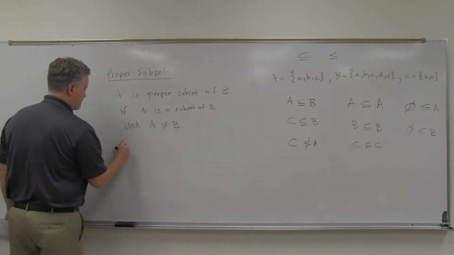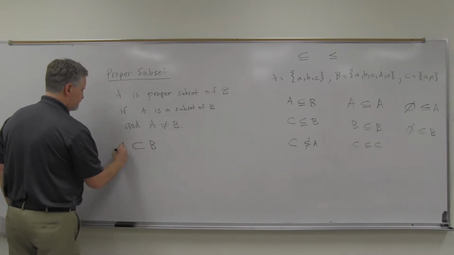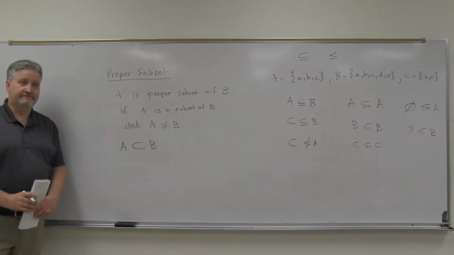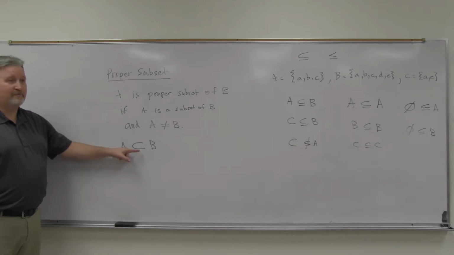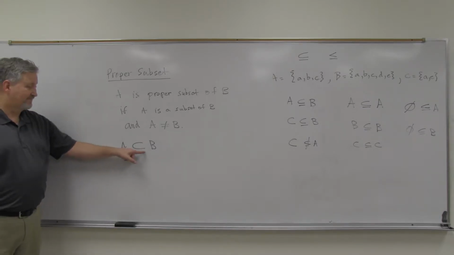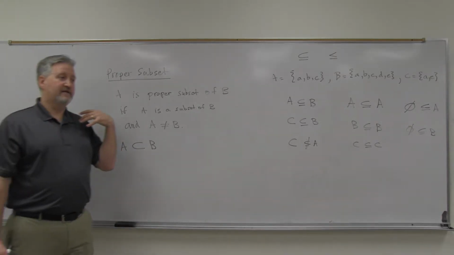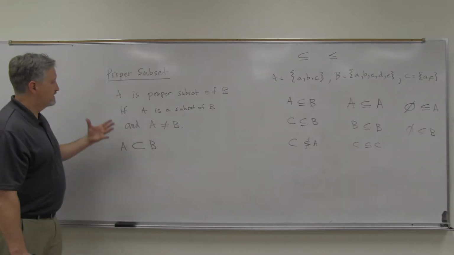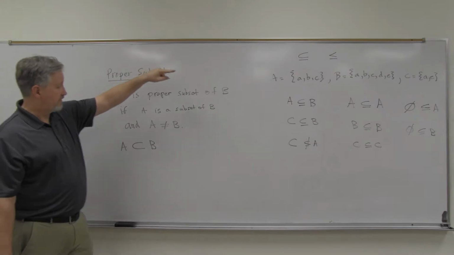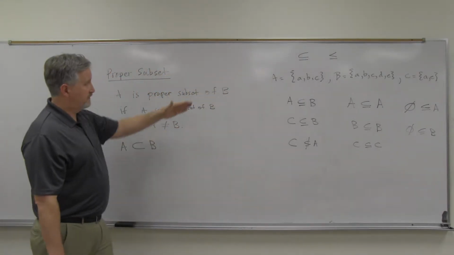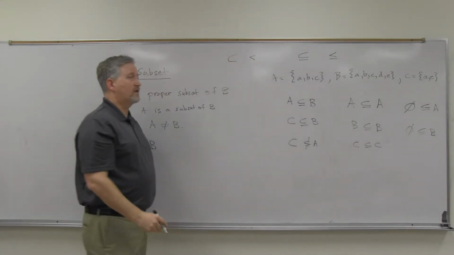And the symbol for proper subset is this. It sort of looks like the subset symbol, but what's missing? The line below it. You don't have the little line below it. So that means it's kind of a specialized deal because you've got a subset, but it's not equal to B. And notice with our little analogy there, this is more in line with the less than, so what's missing there?